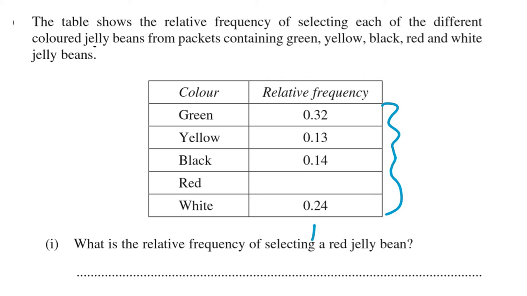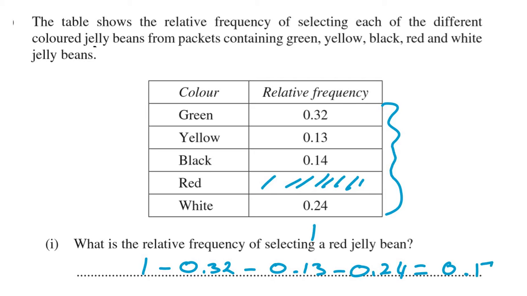Now, what is the relative frequency of selecting a red jelly bean? See red here, so you need to find out what this blank is. To find the relative frequency for red, you go 1 minus 0.32 minus 0.13 minus 0.24, which is equal to 0.17.